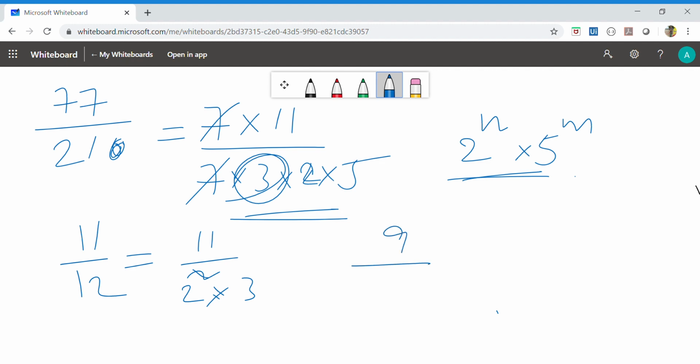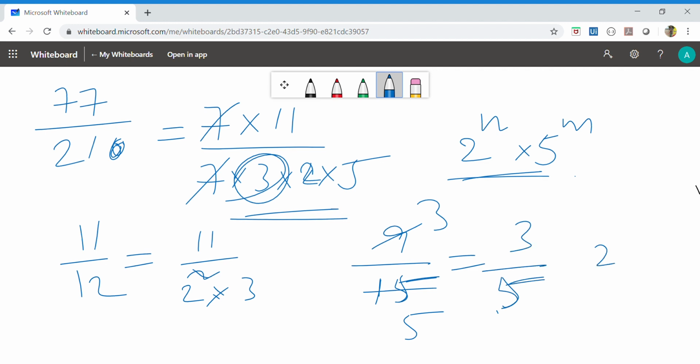So what about 9 by 15? By looking at it, the denominator has an extra 3, so you may be confused and say it is non-terminating. But p and q must be co-primes, so it must be cancelled with 3. So it becomes 3 by 5. Now the denominator is in the form of 2 to the power of 0 into 5 to the power of 1.